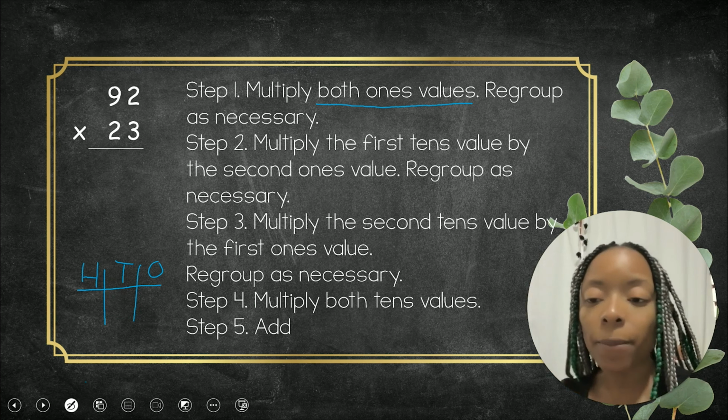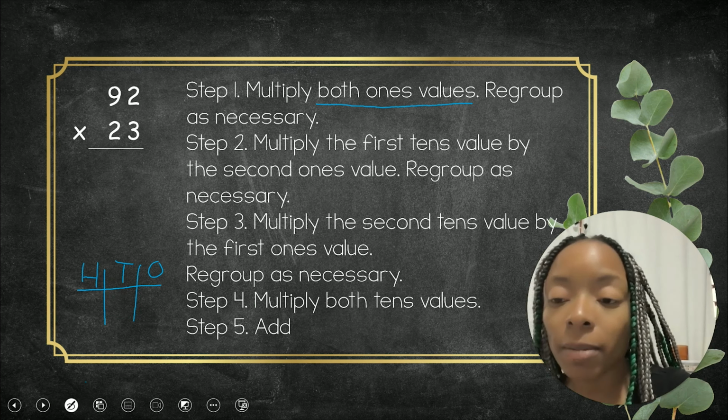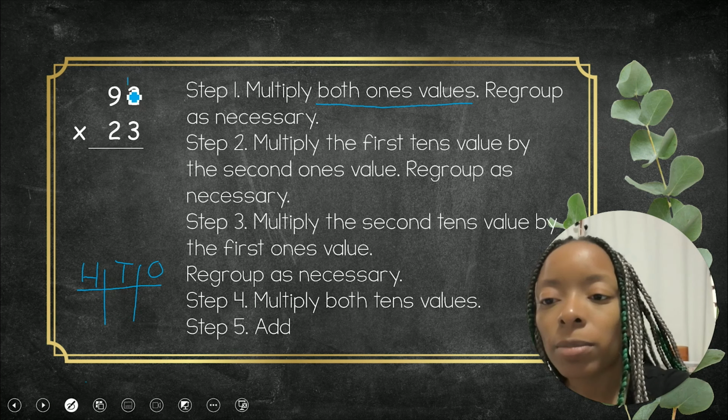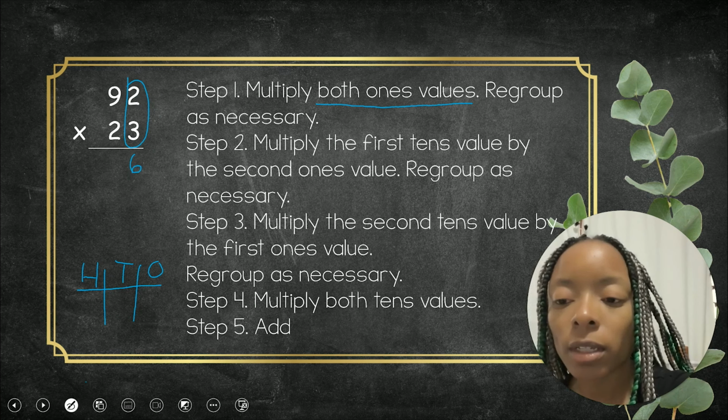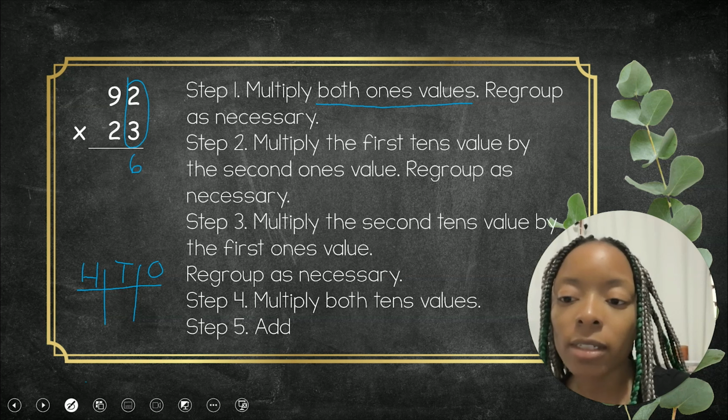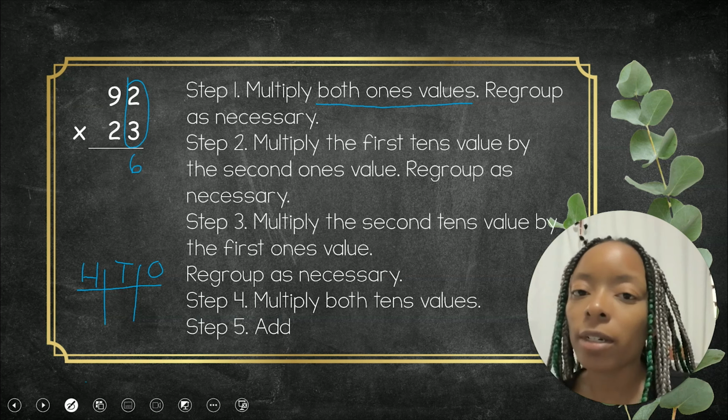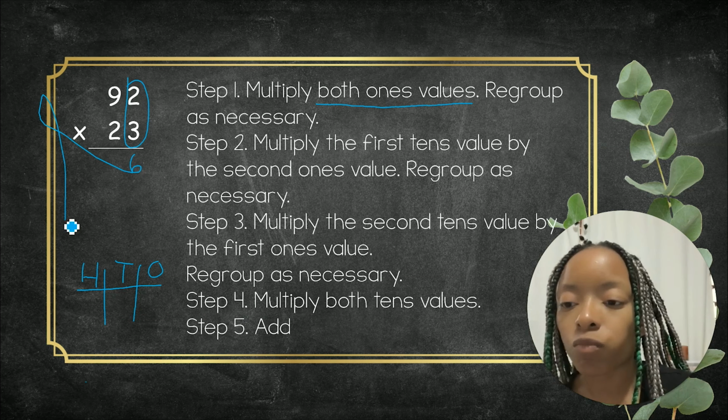So now, when I say multiply both ones values, we know we're going to multiply this 2 and this 3. 2 times 3 is 6. The step says to regroup as necessary, but since we have a one-digit number, we don't need to regroup.